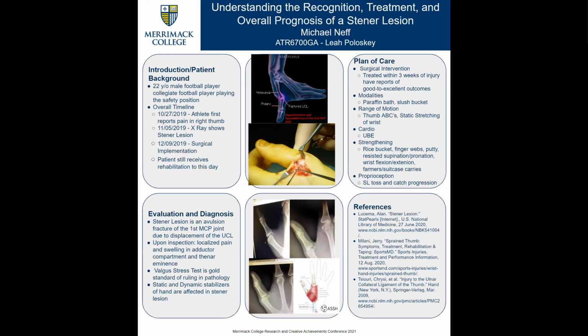Eventually he got x-rays, which showed a Stener lesion, which I will get into, on November 5th. And then on December 9th is when he had surgical implementation conducted. And the patient still receives rehabilitation up to this day.